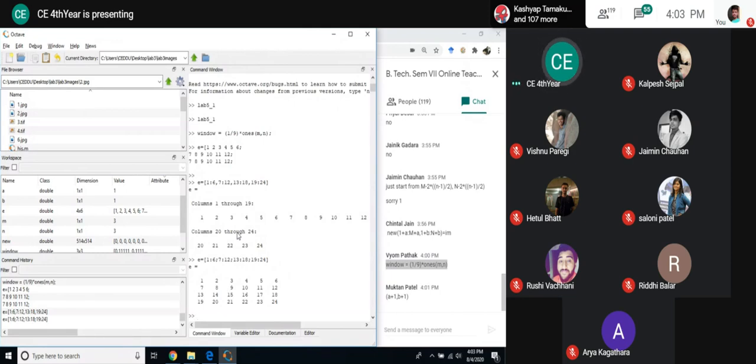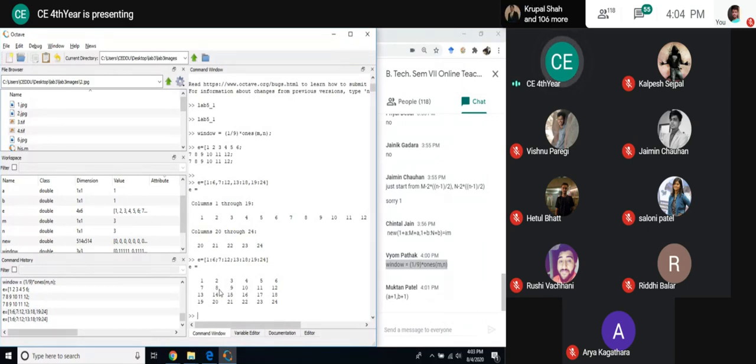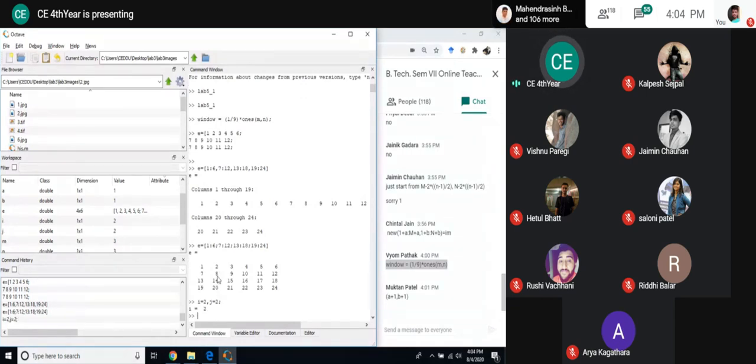Suppose my center element is 8. How to access this 3 cross 3? Then I will shift my element to 9. Then how to access this 3 cross 3? If I say i is equal to 2, j is equal to 2, I am defining ij so that my center element is 2. Center element is extracted, then how to extract this range?